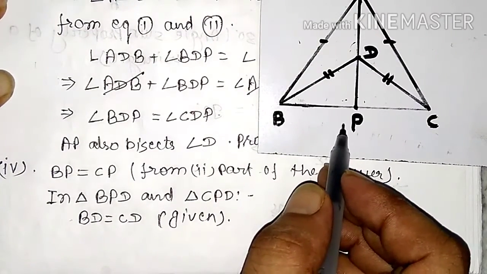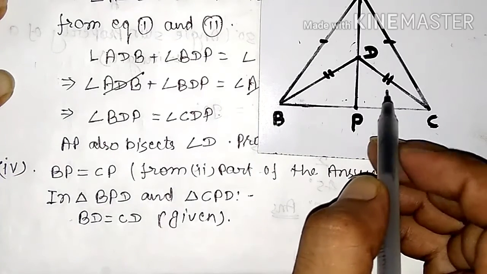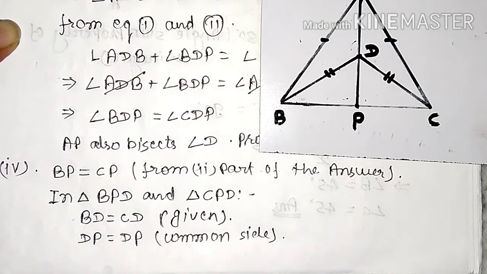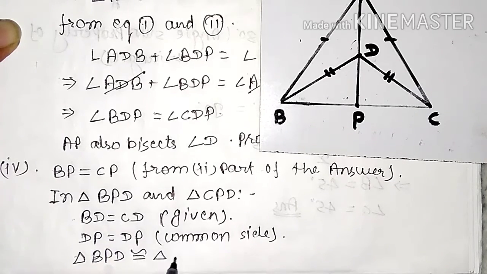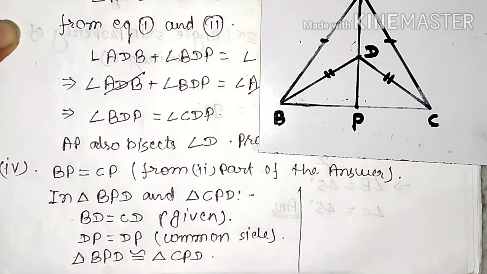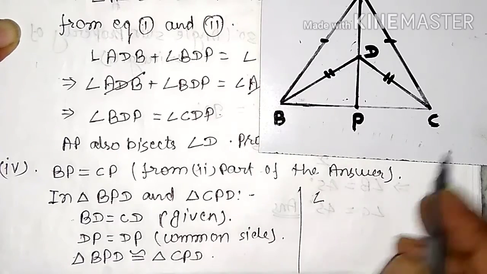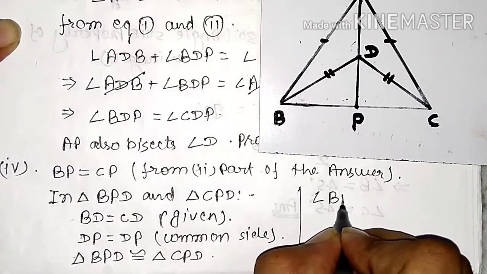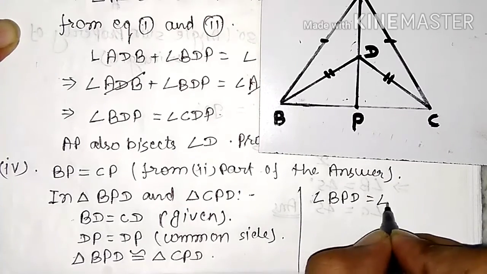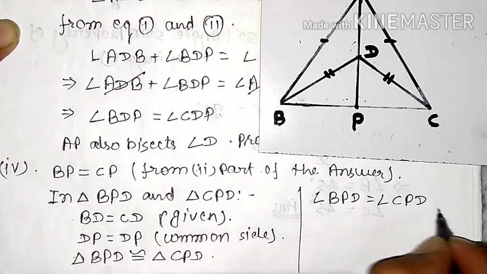BP is equal to CP, already proved, and DP is equal to DP, common side. So we can say that triangle BPD is congruent to triangle CPD and angle BPD is equal to angle CPD by CPCT.